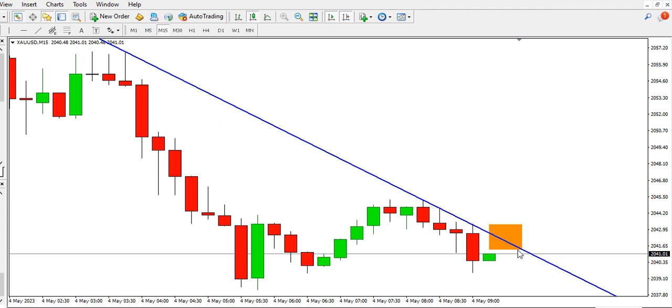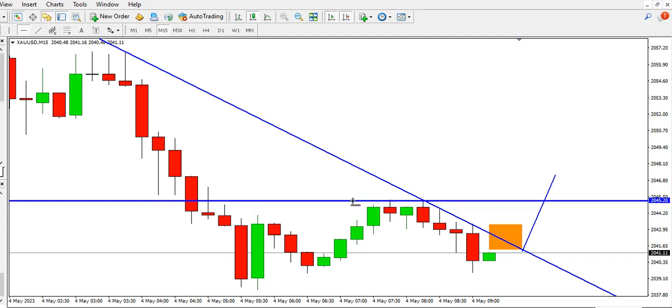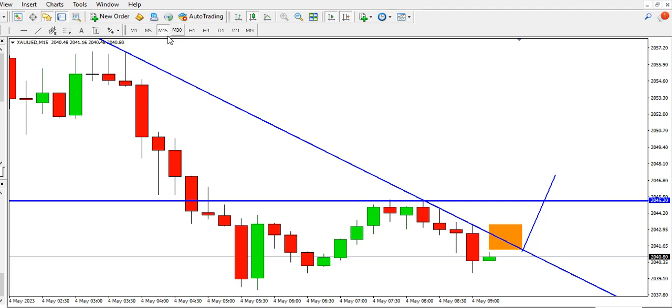If price does not break above the 2045 area, not just a break or a test, but a break and a close above it, to then retest it and start going up, the trend is going down.